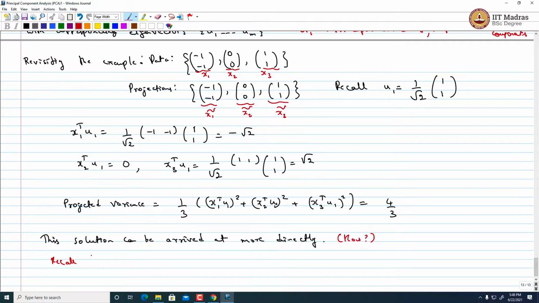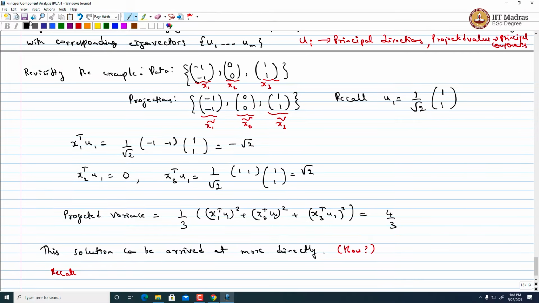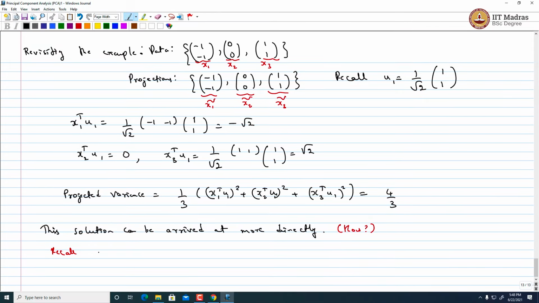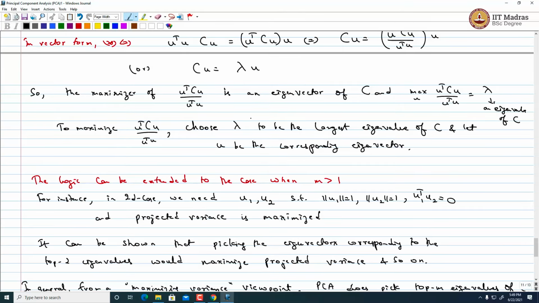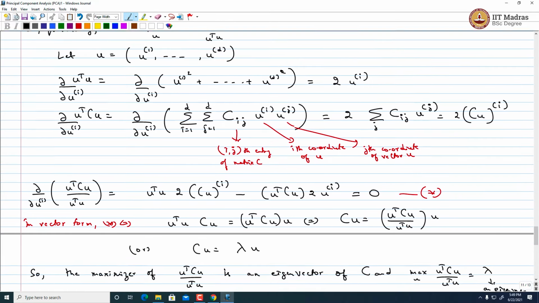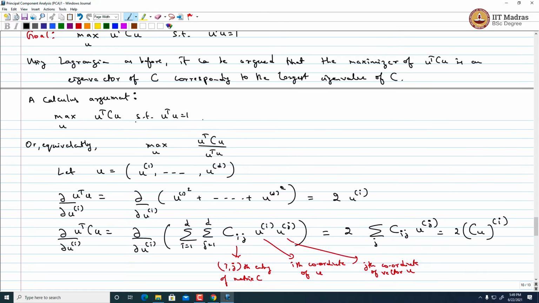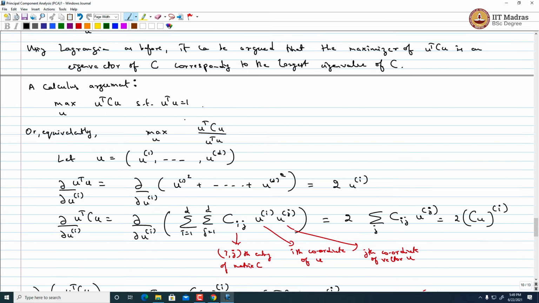Recall the eigenvalues of C are 4 by 3 and 0. From the passage before, all you are doing is maximizing u transpose Cu such that u transpose u equals 1.